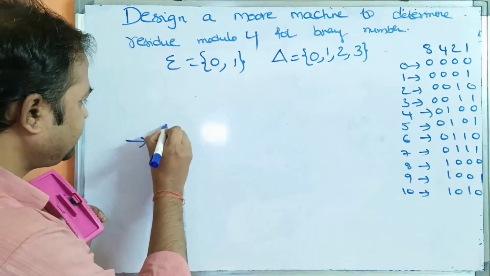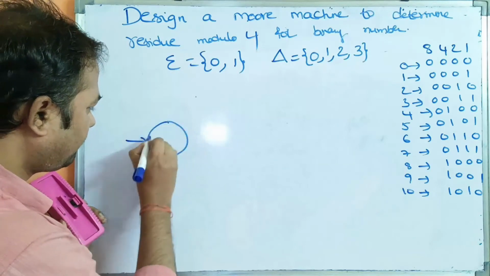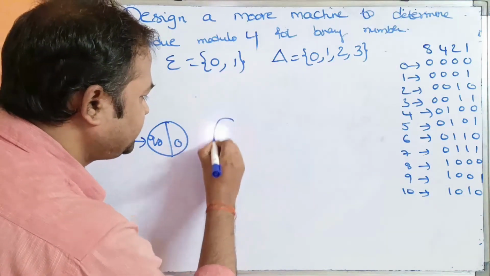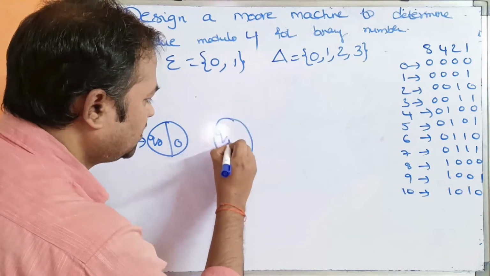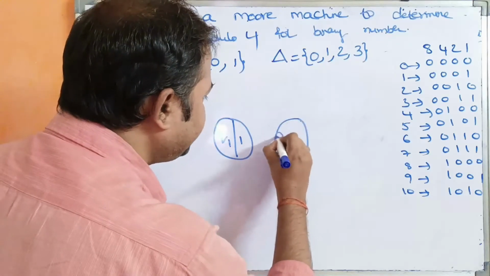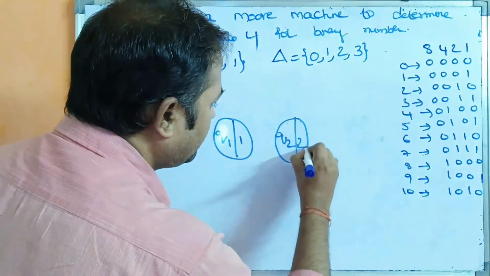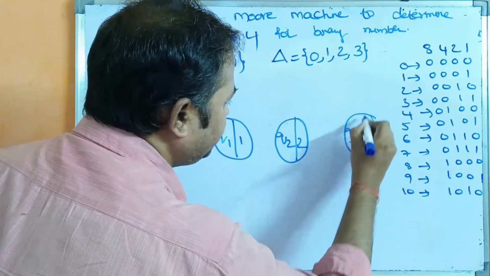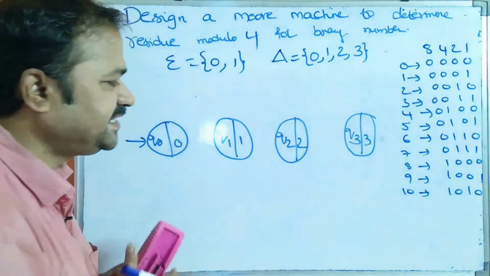The first state is Q0. The output of Q0 is 0. Next state is Q1, output of Q1 is 1. Next state is Q2, output of Q2 is 2. Next state is Q3, output of Q3 is 3.